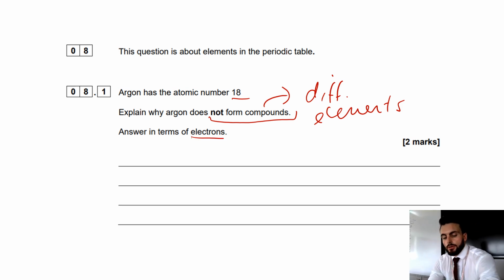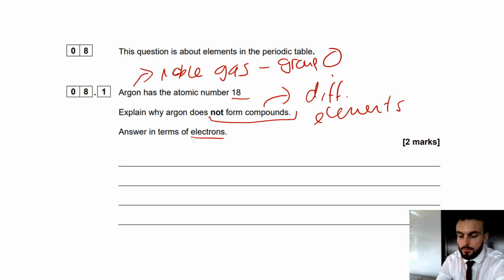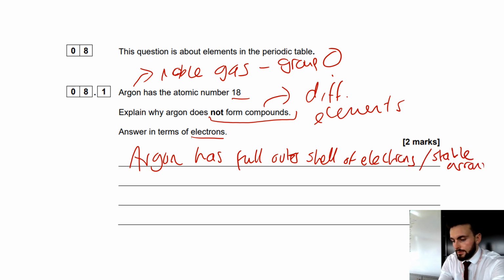You should hopefully know that argon is a noble gas. So that means it's in group 0, which tells us, if you draw the electron structure for it as well if you want to prove the point, that argon has a full outer shell of electrons. Or you could say it has a stable arrangement of electrons.